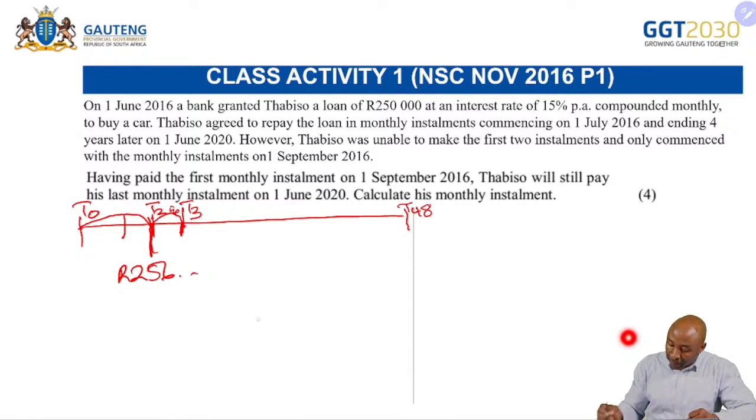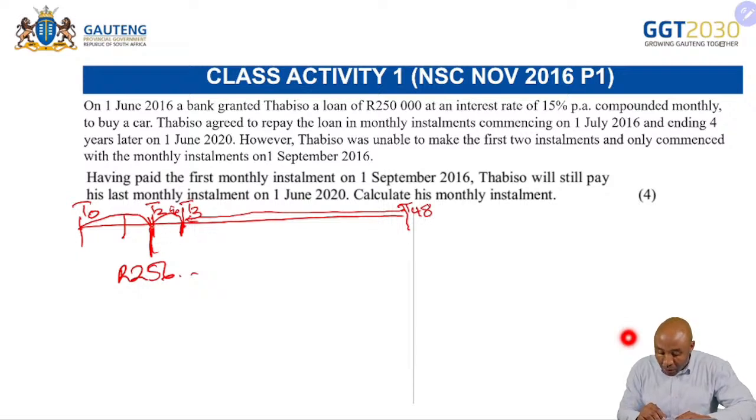But now, what do we have as our N that will substitute into our present value annuity formula? So we'll say 48 payments minus the 2 that were skipped, or we'll say 48 minus 3 plus 1, and that will give our N as 46.